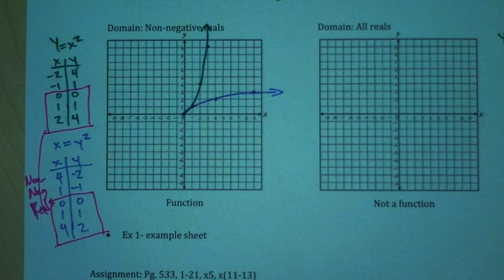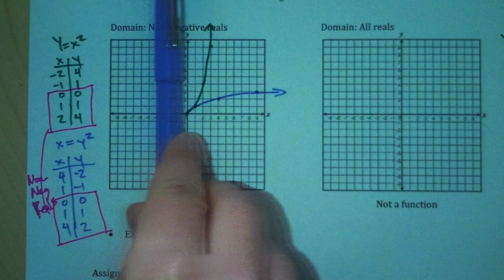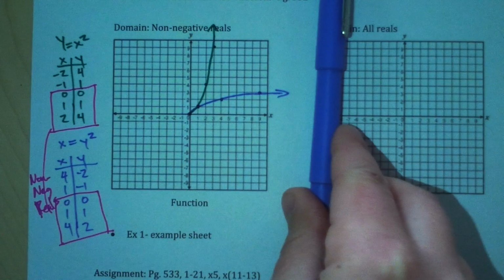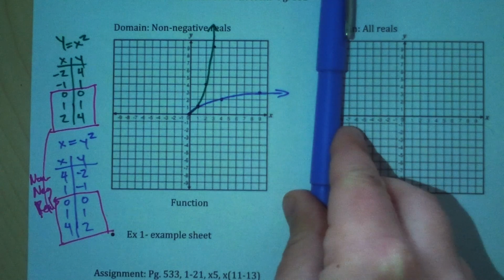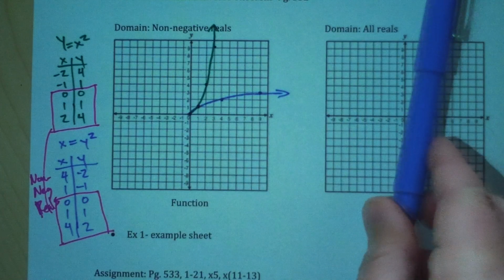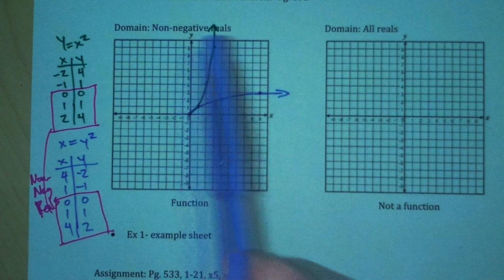Now what happens, and we talked a little bit about this yesterday, when we do all real numbers versus the non-negatives? I'm going to do my graphs here, but instead of just boxing off certain ones, I'm just going to list them all out. So like my table for my original one, I'm just going to copy the same table I had over here: -2, 4, -1, 1, 0, 0, 1, 1, 2, 4.